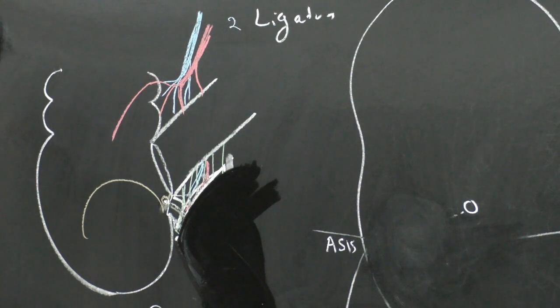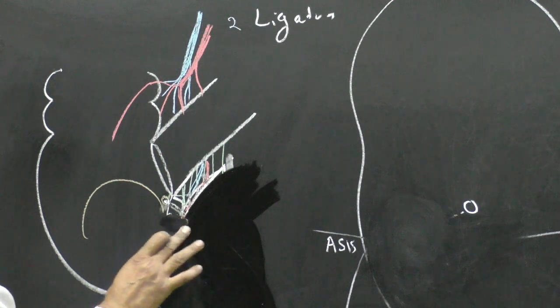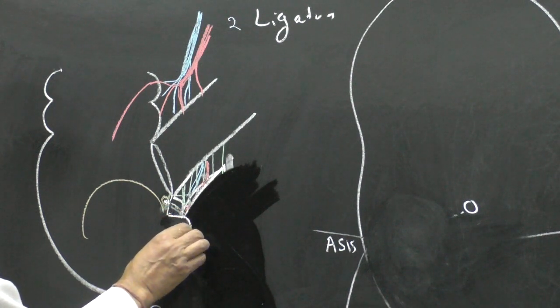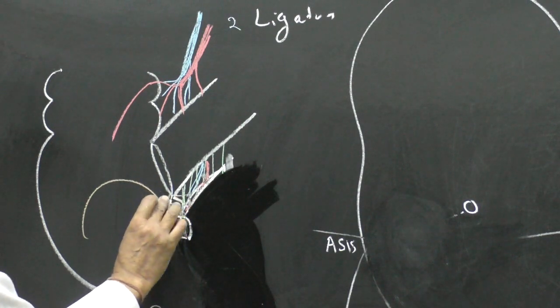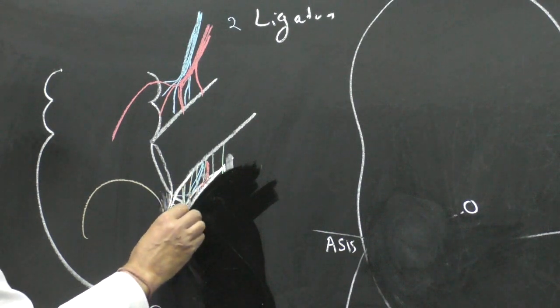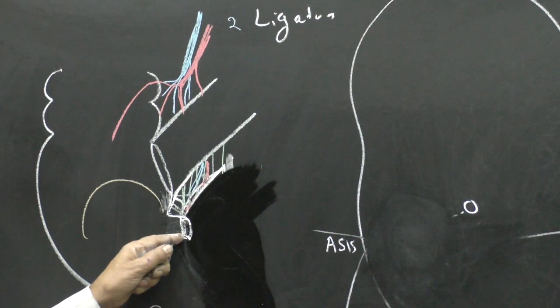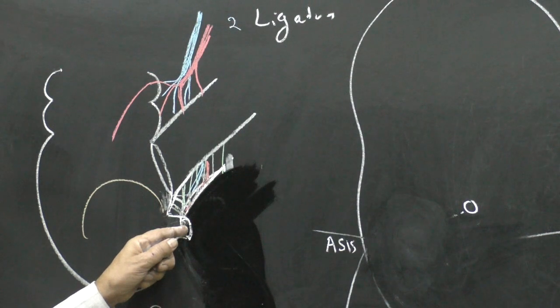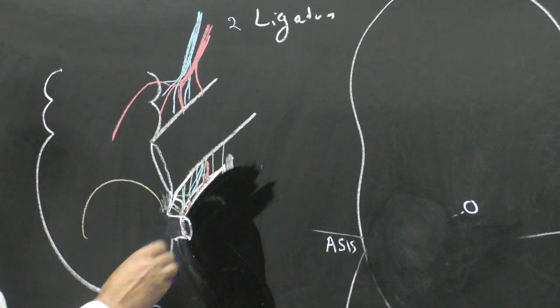Now after the removal of the appendix, what remains? The stump. The stump of the appendix remains there, and if this stump is not properly treated, it may lead to volvulus of the small intestine, or it may attract any loop of the ileum and jejunum, which may adhere to the raw cut end of the appendix.